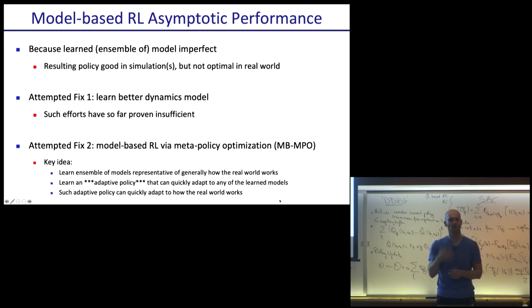And then the hope is that when it's dropped in the real world, it'll also specialize to the real world. And so you learn to be an adaptive policy. So it's going to be a recurrent neural network now rather than a feed-forward network. And this recurrent neural network will take in state, action, reward, state over time and will be trained such that when deployed in a new environment, it can quickly adapt to however that environment tends to behave.